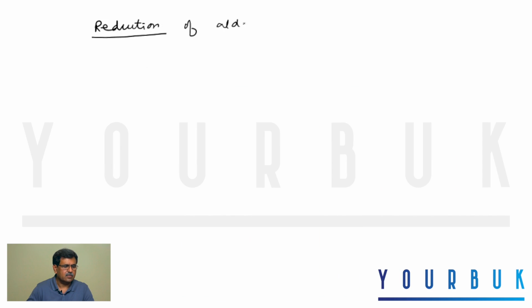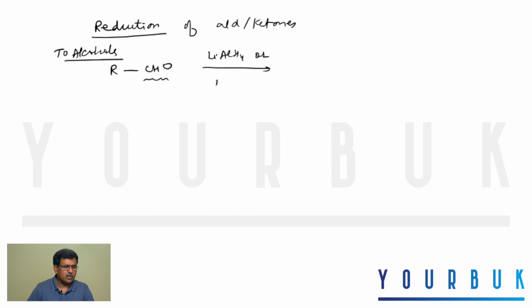Now next is a reduction of aldehyde and ketones. Aldehyde and ketones can be reduced to alcohol. The first is reduction to alcohols. So aldehyde on reduction with lithium aluminium hydride or with sodium borohydride gives a primary alcohol. This we have already done, primary alcohol.